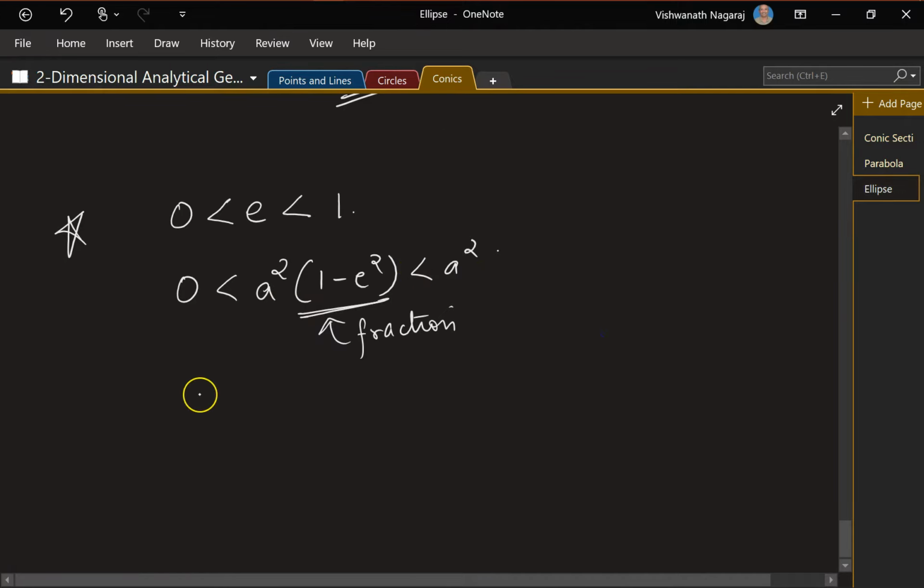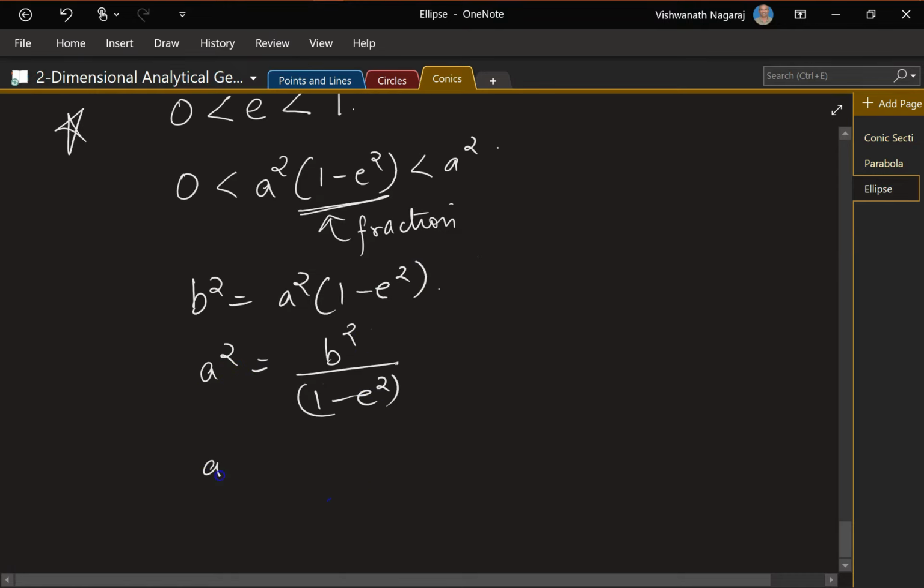Okay, let's look at this. B square is equal to a square (1 minus e square). A square is equal to b square by (1 minus e square). Now a square is equal to b square times the reciprocal of this fraction.